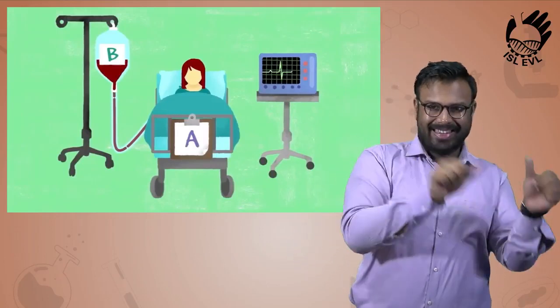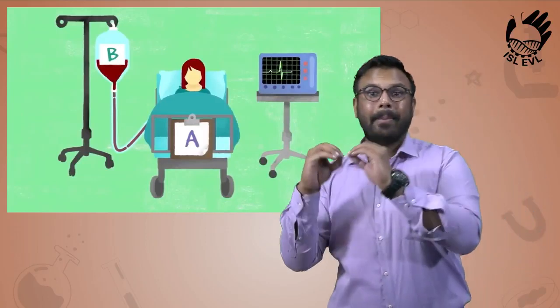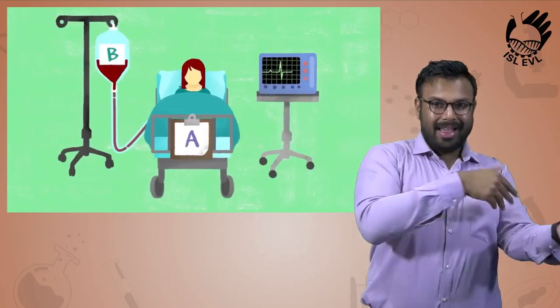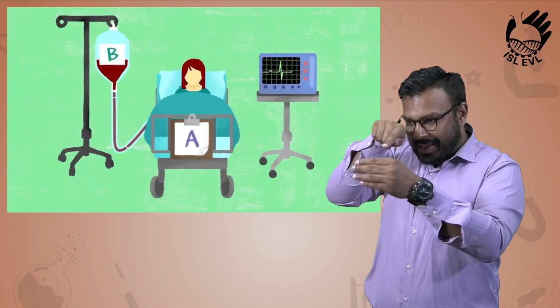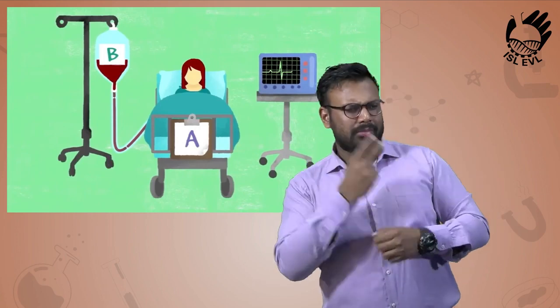Sometimes, if A blood is given type B blood, or vice versa, it can become very dangerous, because their antibodies will reject the foreign antigens and attack them.